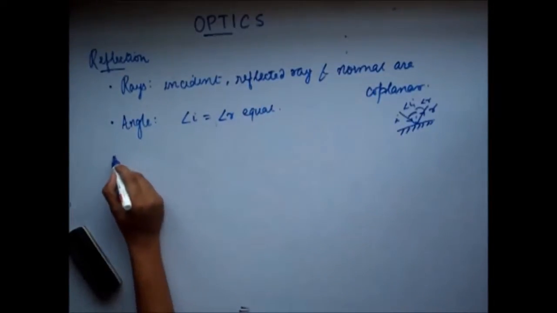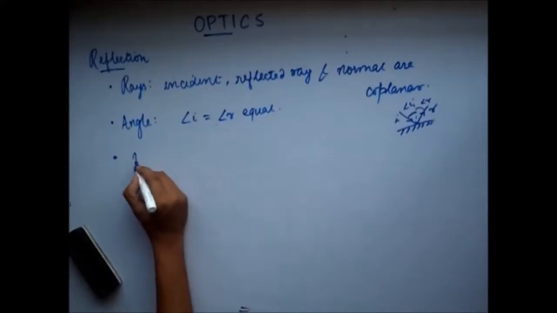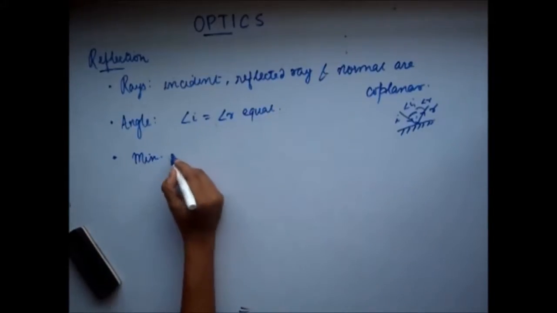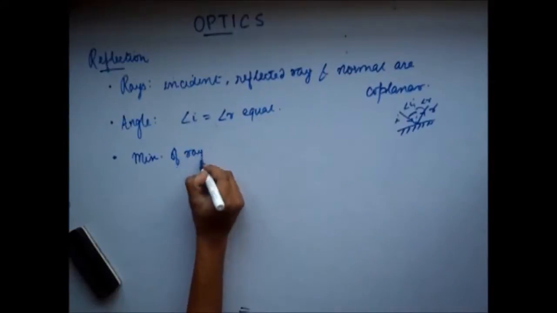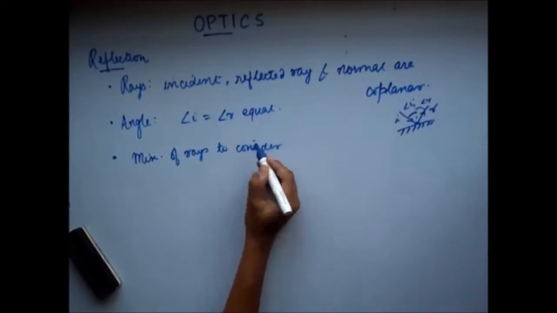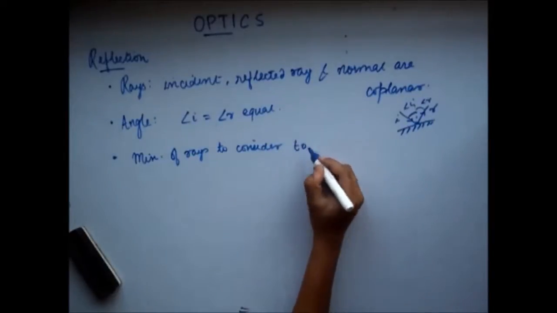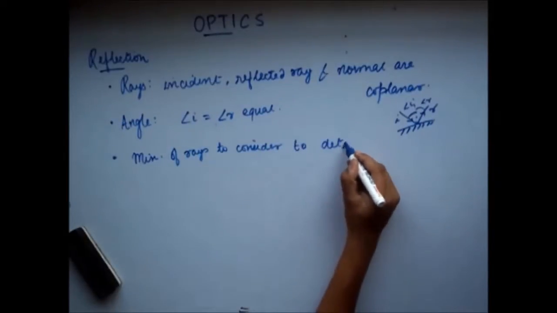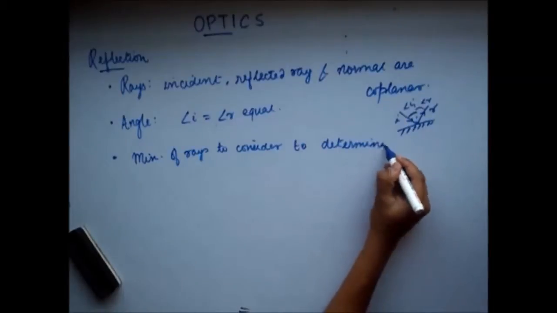Also, you tell me, what is the minimum number of rays required to determine image location? Remember that I am only asking about the image location.